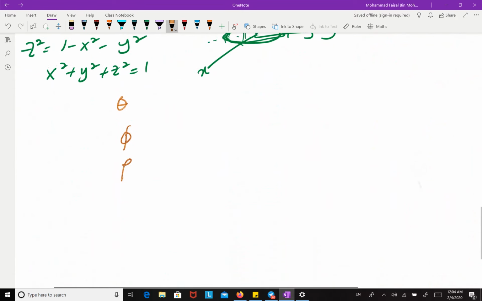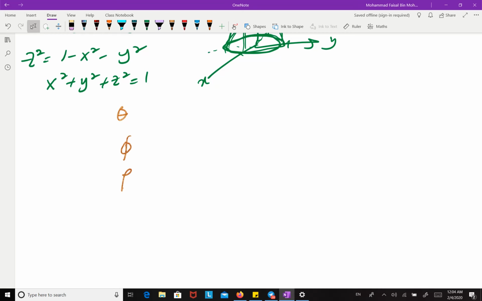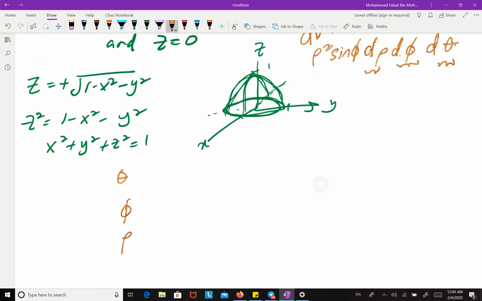So the limit of theta for this hemisphere: theta is in the xy plane, starting from here up to here. It's a circle, right? If you plot in the xy plane, it is just a circle with radius 1. So the angle should be from the positive x-axis anti-clockwise, so the limit is from 0 to 2 pi.